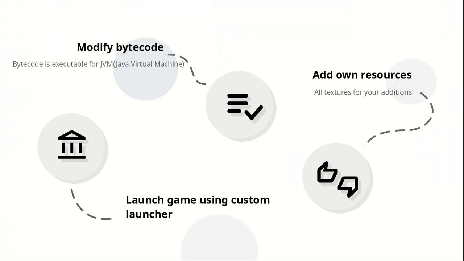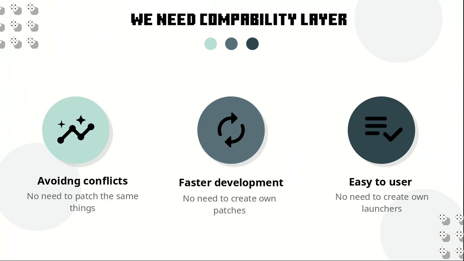We need to create something that allows us to either create rules for patching bytecode, or create an API for registering added game assets in code, in a more compatible way.